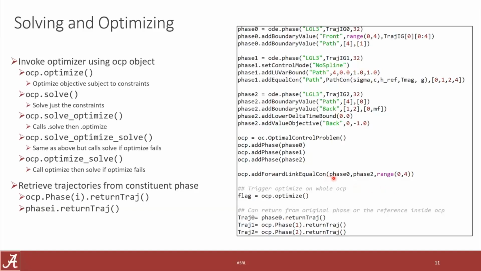So you could do phase 0 through 2, all of them must be continuous in position. And if it's not happening in this example that we are showing the code for, but if there was an impulsive burn between phase 0 and phase 1, but there's not between phase 1 and 2, you could then say, okay, add another forward link equal constraint from phase 1 to phase 2 and add velocity components.